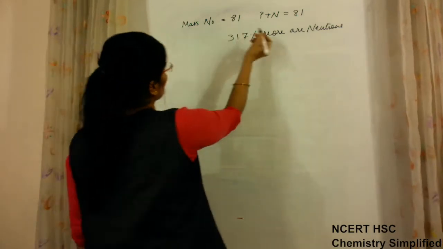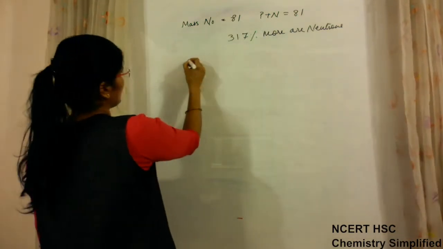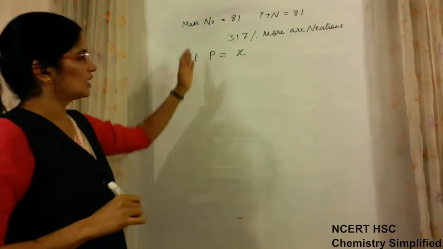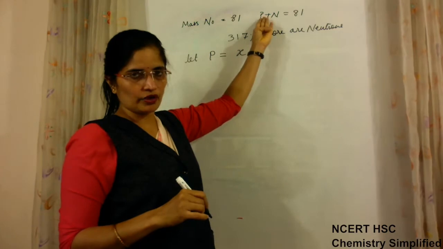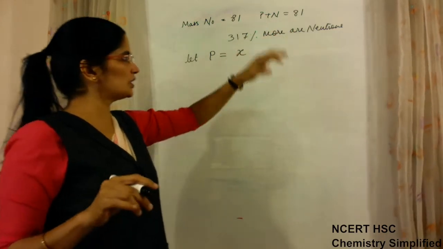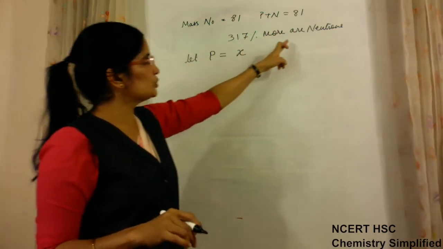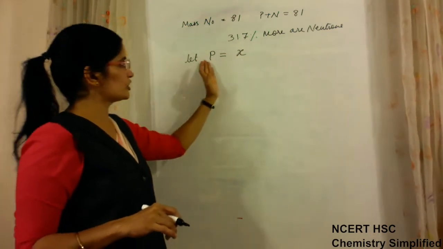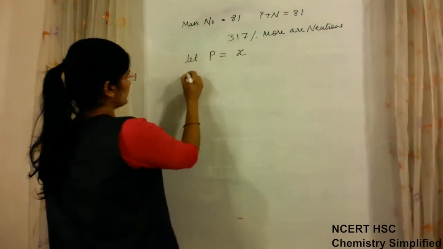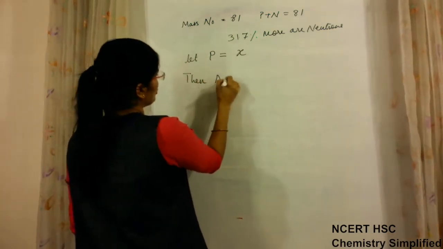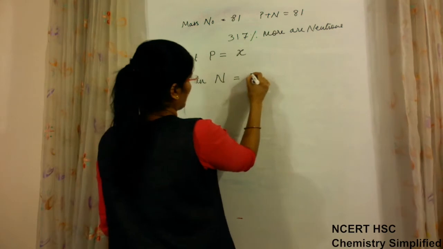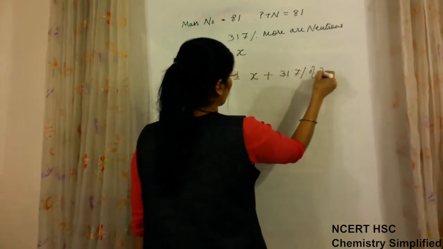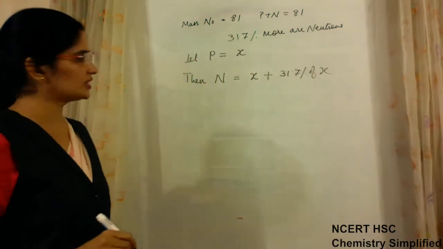So according to the given condition, let protons be X. Because the number of protons and neutrons is not known to us, only one condition is known, that neutrons are 31.7% more than the protons. So if protons are X, then neutrons N are X plus 31.7% of X. This is the condition given.